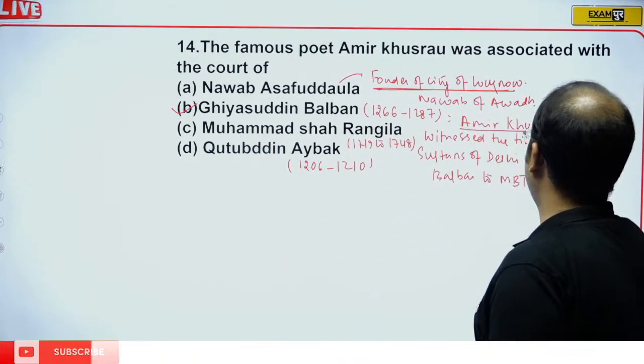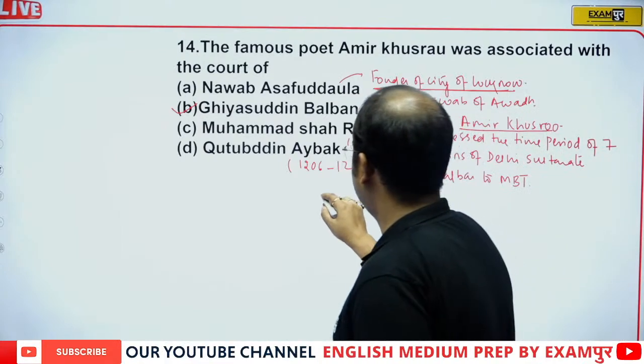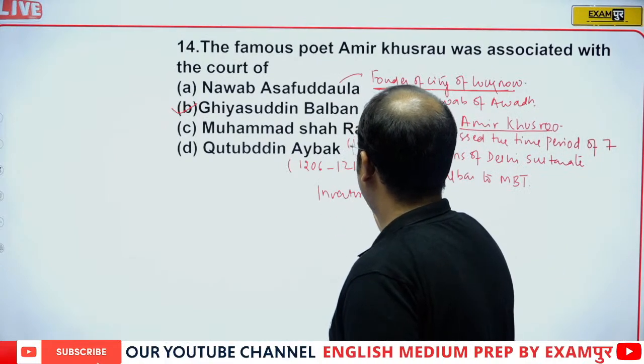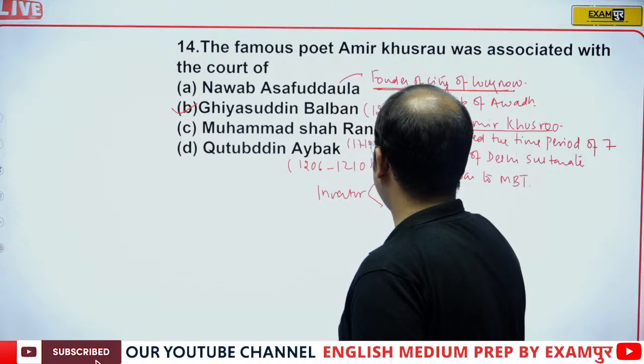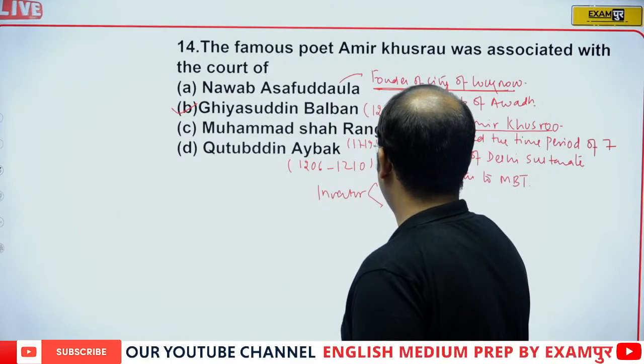And Amir Khusro was the inventor of the tabla and sitar.